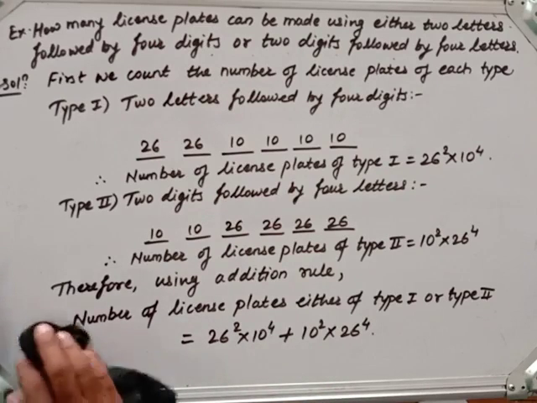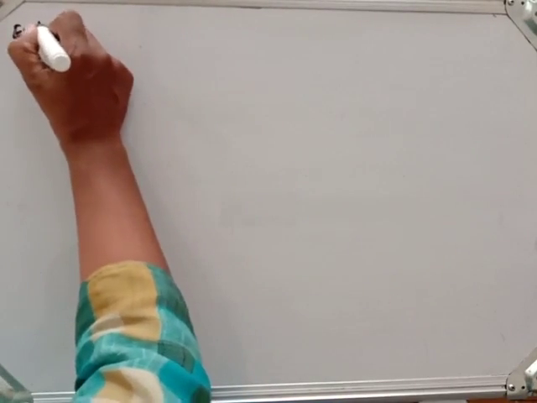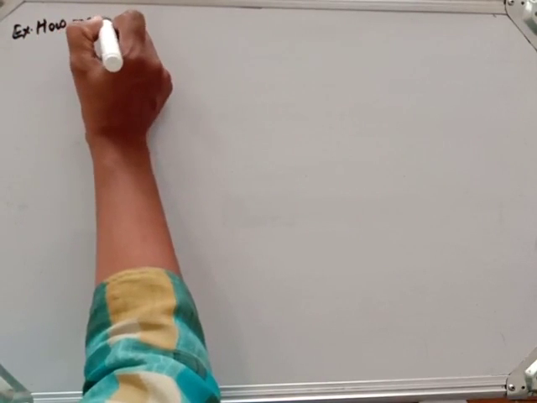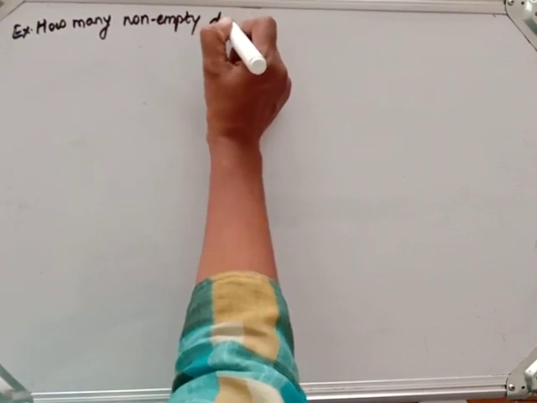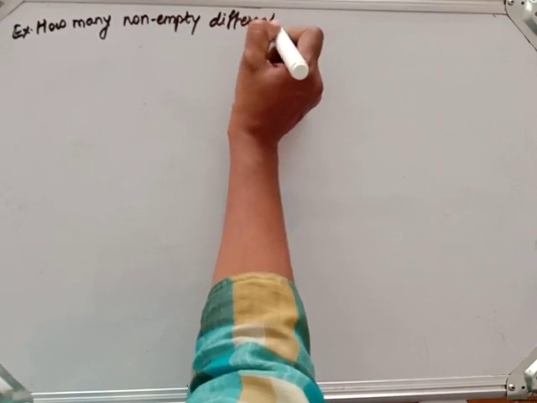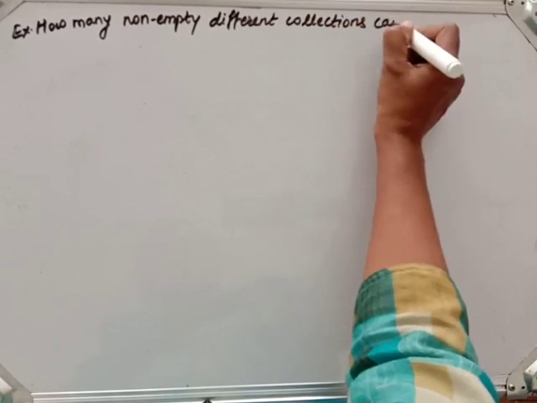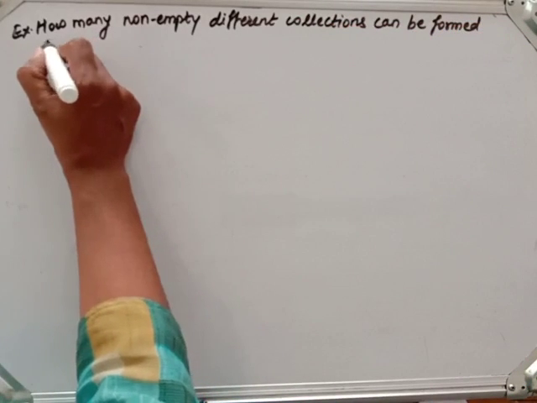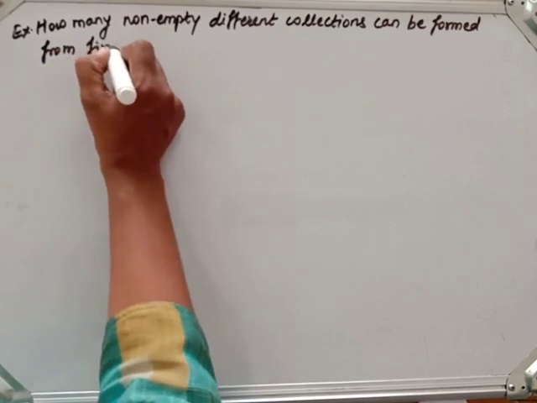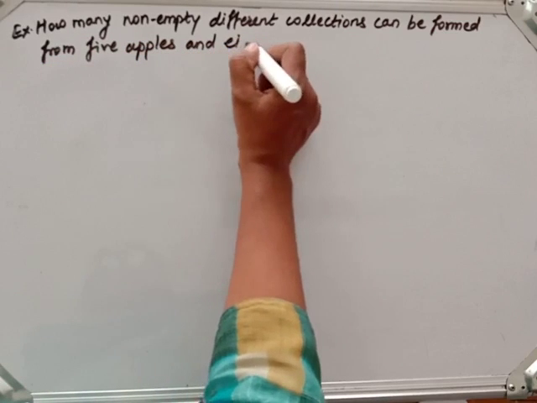Now the next example. How many non-empty different collections can be formed from 5 apples and 8 oranges?